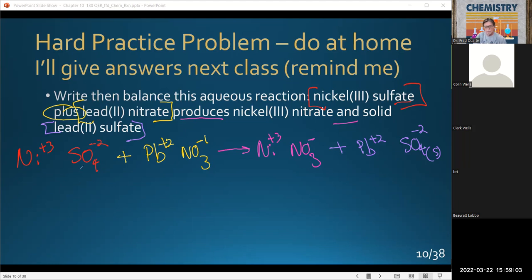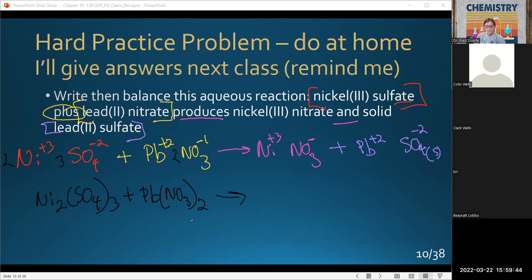And so we can go through the exercise and we end up with the following formula. Okay, 2 nickels and 3 sulfates. All right, the lead, okay, here, because we need 3 there and 2 there. Lead is a +2, nitrate's a -1, so all we need is 2 nitrates, so we can use the parentheses because we need 2 nitrates, and that's done.